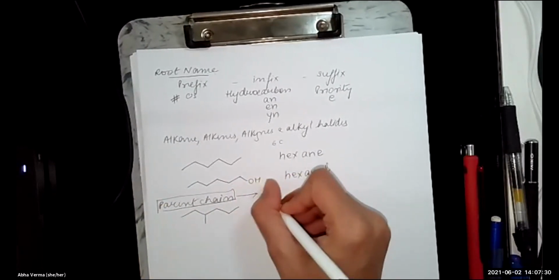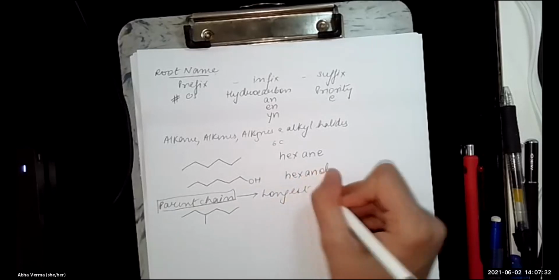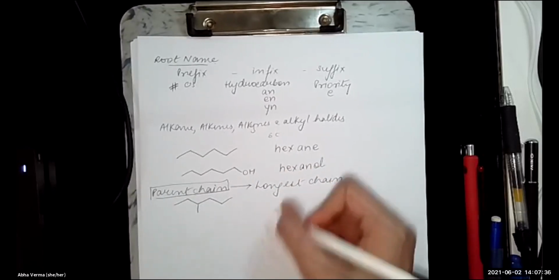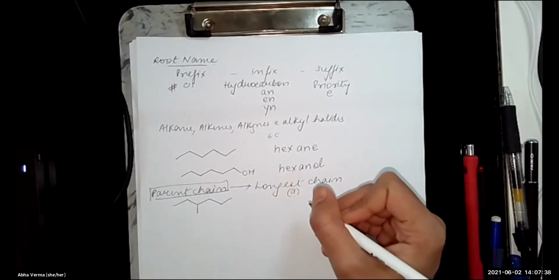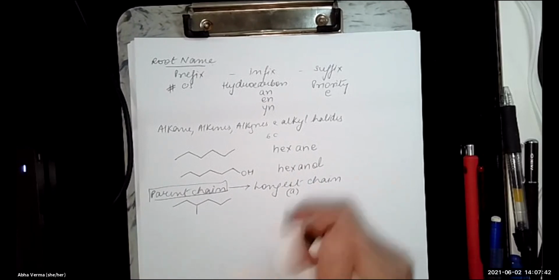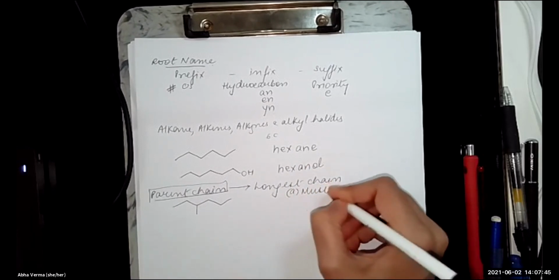So parent chain is the longest chain. There are 2 things that you have to remember about the longest chain. First, the longest chain must have the priority.